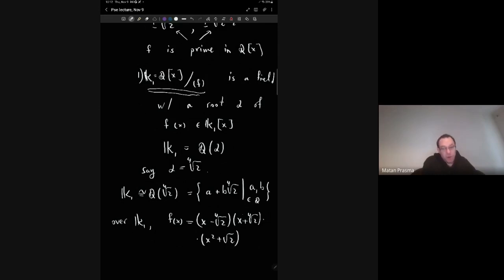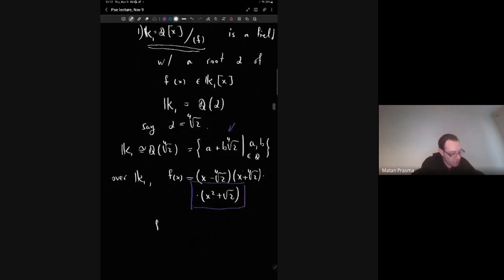So I take the part of f that is not linear, and it is a prime. Of course, we can see that this is prime because the roots of this need to involve i, and i does not belong to this first extension K1.